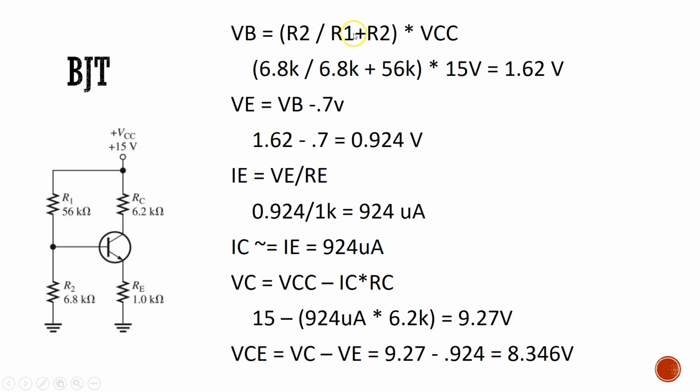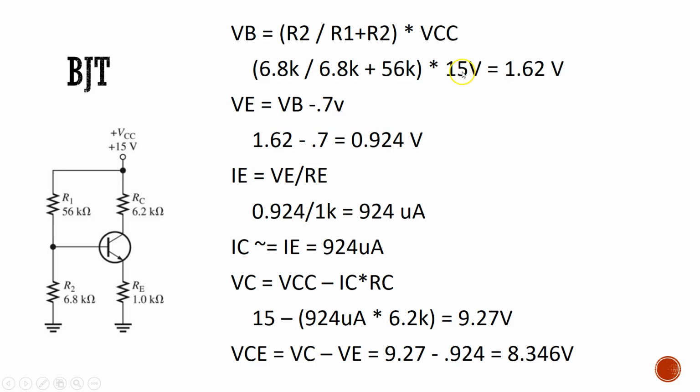This is all based on the voltage divider rule and Ohm's law and everything you've learned so far. Oh, and Kirchhoff's voltage law. So we have 6.8K divided by the combination of 6.8K and 56K.